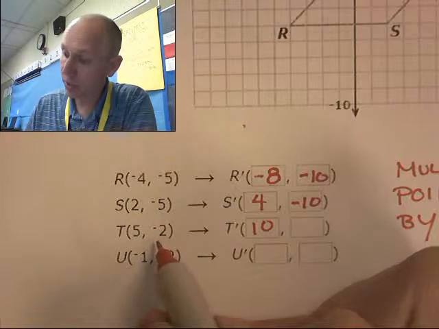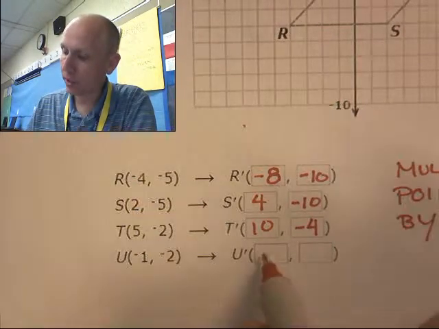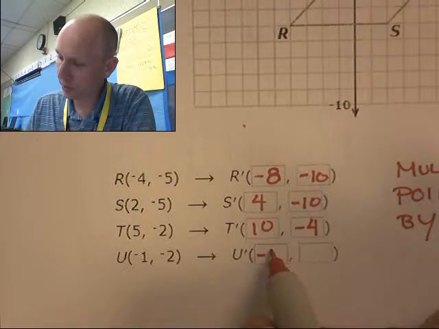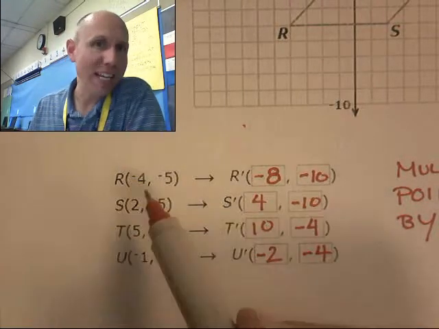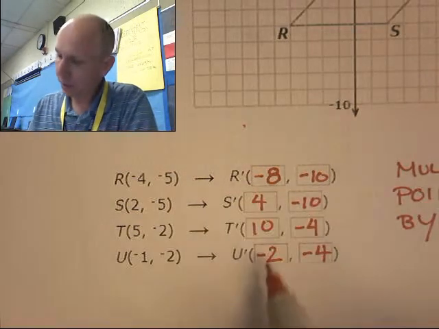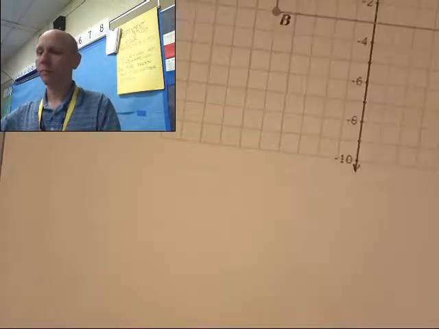Negative 2 times 2 is negative 4. Negative 1 times 2 is negative 2. So all I'm doing is I'm taking the x value, multiply it by 2, y value, multiply it by 2. Is that right? Looks good. Let's go on to our next one.